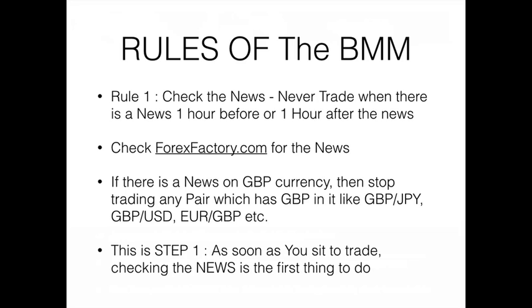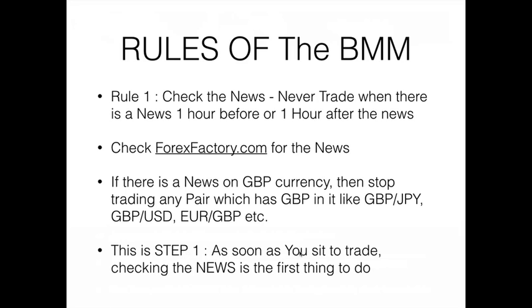So let's say if there is news on GBP, then stop trading that pair or pairs related to GBP, something like GBP/JPY, GBP/USD, EUR/GBP. If there is news related to GBP, you have to abandon all these currency pairs. Don't trade these pairs for at least 1 hour before the news hits and 1 hour after. So this is like the first step.